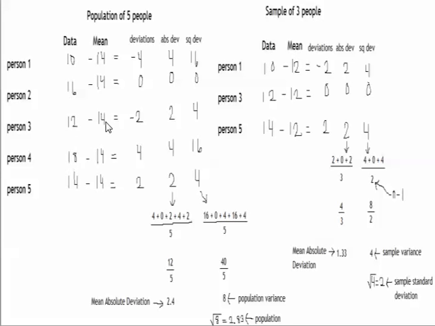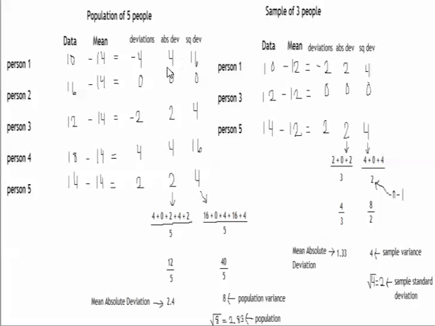You get the mean of 14. Subtract all of the data values by the mean of 14. The answers are the deviations. And if you leave off all of the negative signs, like we did here, it's the absolute deviations.